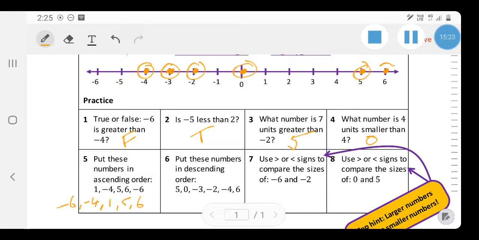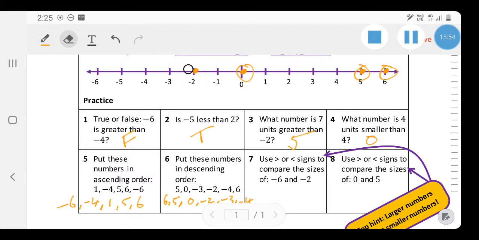I forgot. We're doing it in descending order this time. So let me correct that. I'm going to write 6 first, and then 5 second, and then 0 third, and so on, because we're going from biggest to smallest. So 6, 5, 0, minus 2, minus 3, and minus 4. Okay?